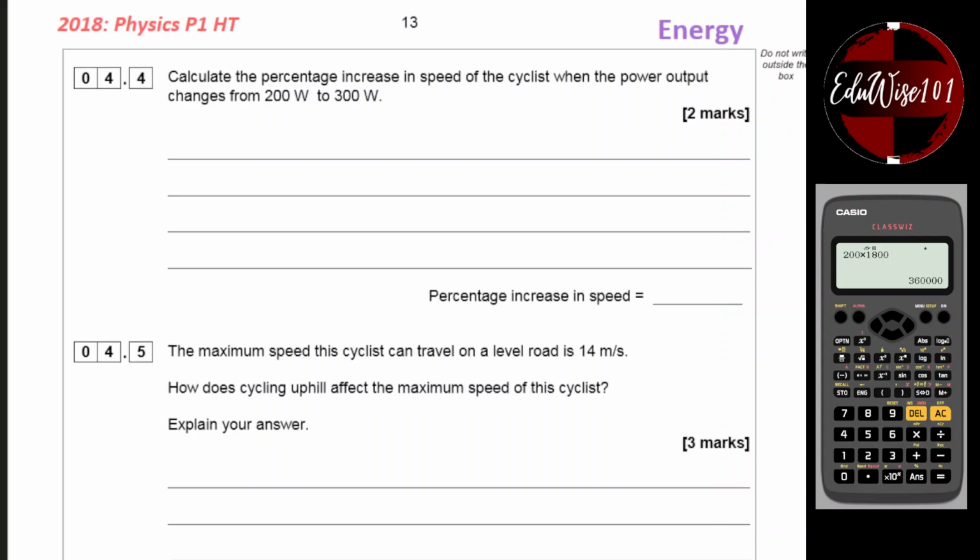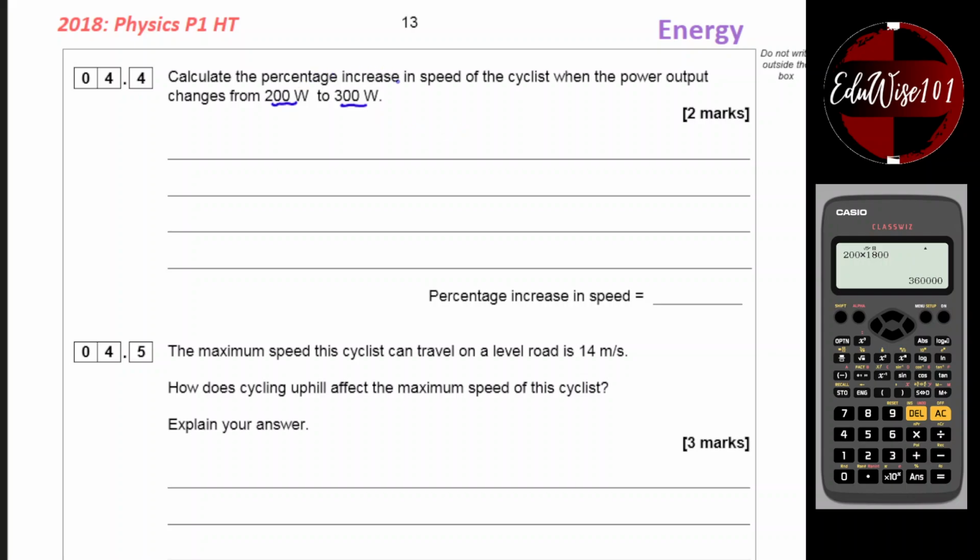Question 4.4. Calculate the percentage increase in speed of the cyclist when the power output changes from 200 watts to 300 watts. Now this needs to come from the graph.